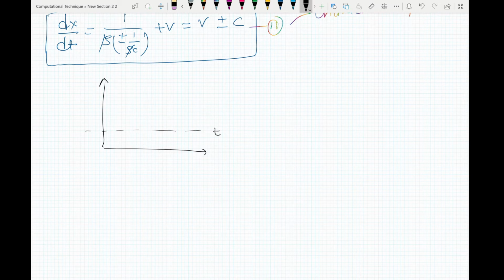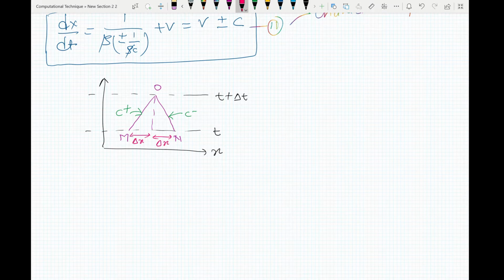So this will be t plus delta t. This is the x-axis. Let's say this is m, this is n, and this is o. So this curve is the one with the positive slope. This one is the one with the negative slope. This is delta x, and this is delta t.